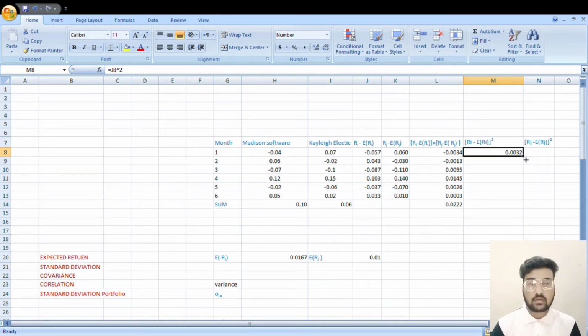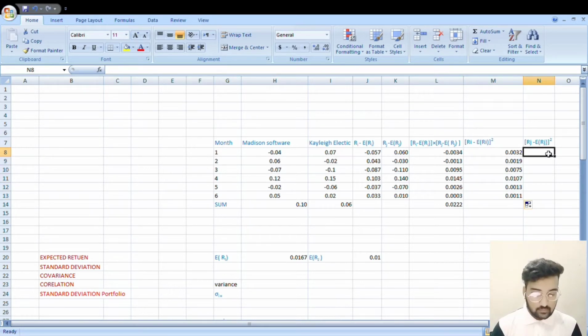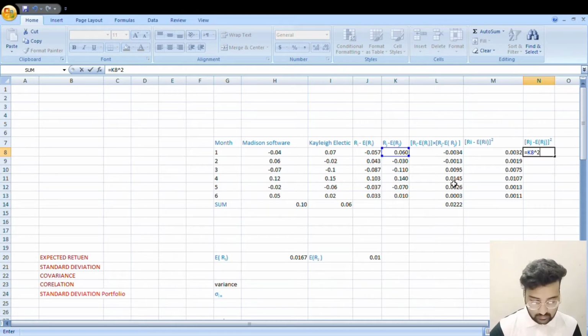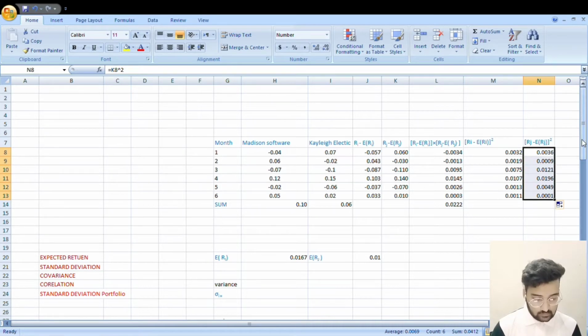Now drag the cursor down to get all the remaining values. We do the same step for the second one: equal sign, add the power sign. So as you see, we get the actual minus expected return whole square for both of the companies.